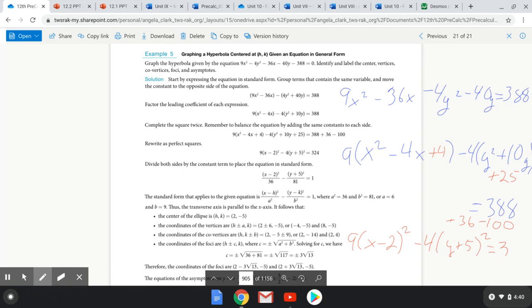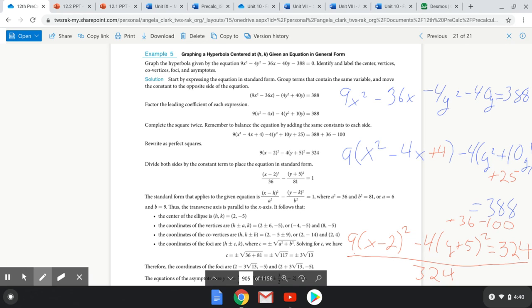So on this side of the equation, I have 324. So the last step is to divide everything by what's on this side of the equation, because again, we want it to always be 1. So we're going to divide everything by 324.